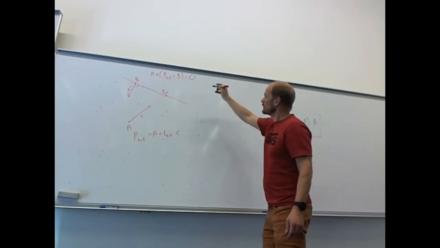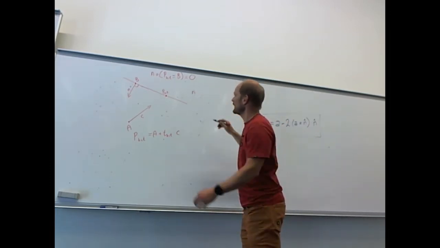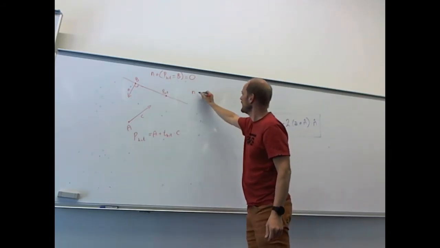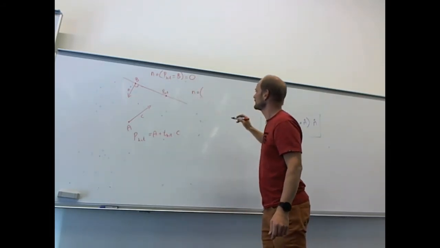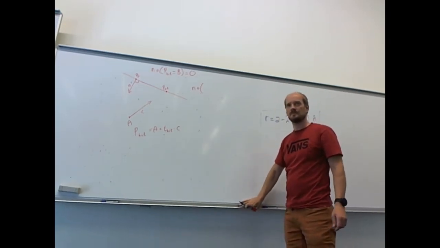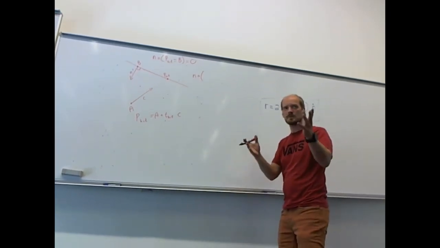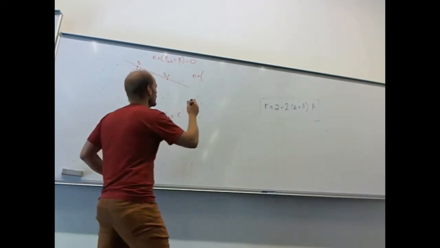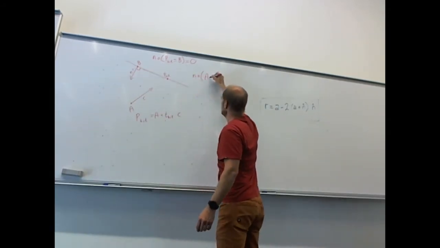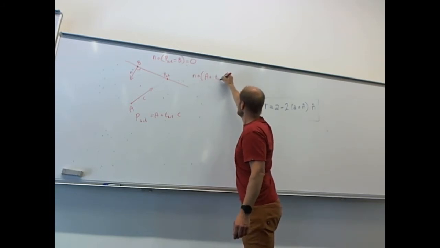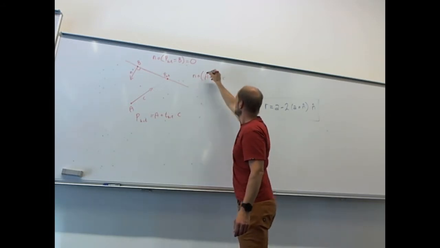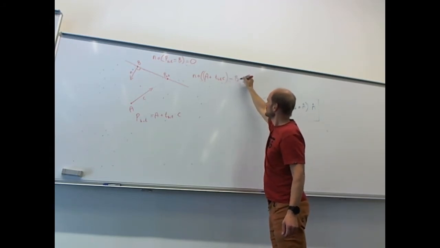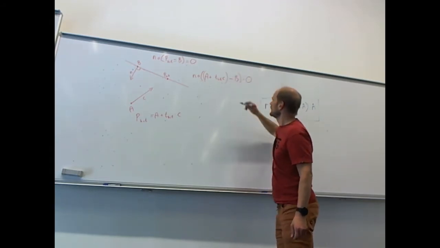So can I somehow set this up without using P hit? I'm actually going to stuff this in there. How would that look? n dot, A plus t times c, minus B. Okay, n dot A plus T hit times C, let's put parentheses around that, minus B equals 0.